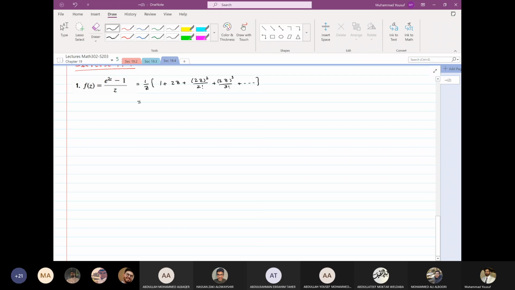When we take 1 over z inside, we get 1 over z plus 2 plus, we need to expand, 2 power 2 and z over 2 factorial plus 2 power 3 and z square over 3 factorial and so on.